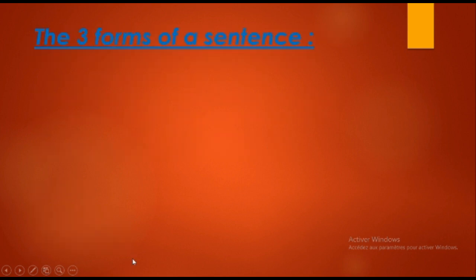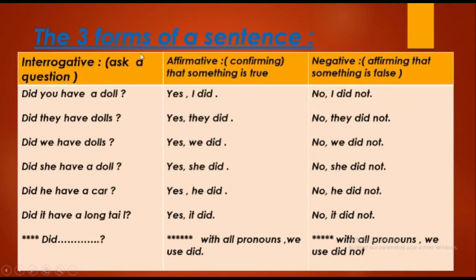Okay, now, yes, before getting started, it's good to know the three forms of a sentence. Look here, we have the three forms of a sentence. We have interrogative sentence, affirmative sentence, and negative sentence. And it's better to know the meaning of interrogative.